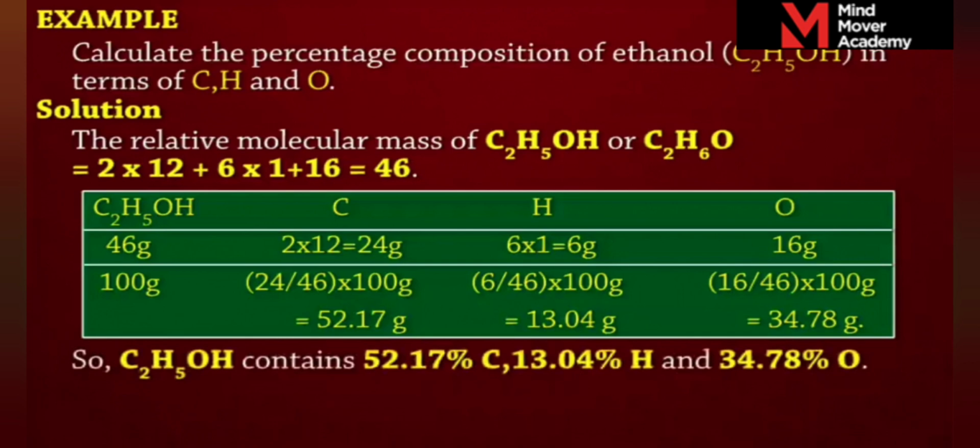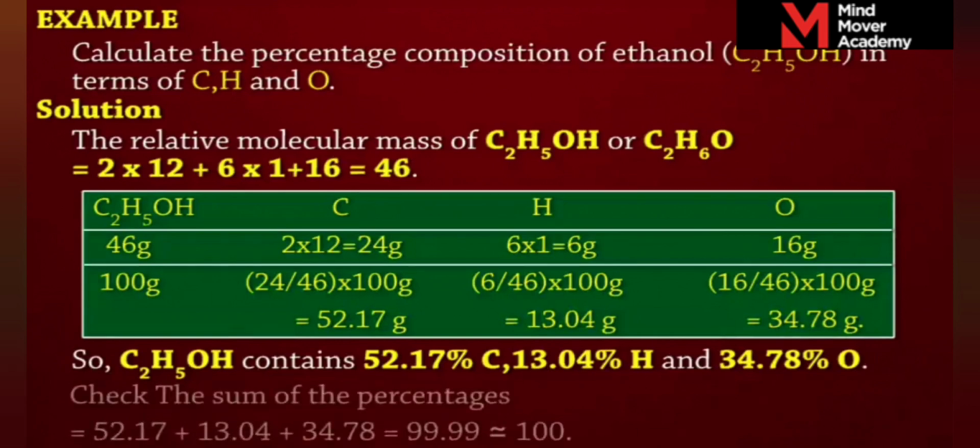So C2H5OH contains 52.17% carbon, 13.04% hydrogen and 34.78% oxygen. Let us verify this. The sum of the percentages is 52.17 plus 13.04 plus 34.78, equal to 99.99, which is approximately 100.